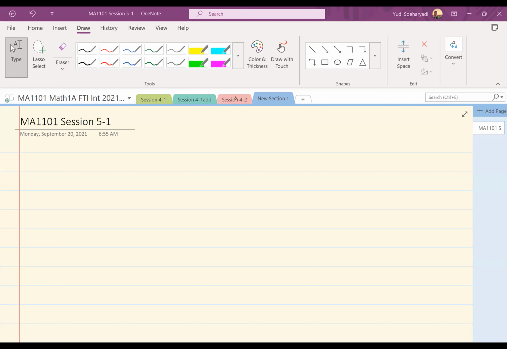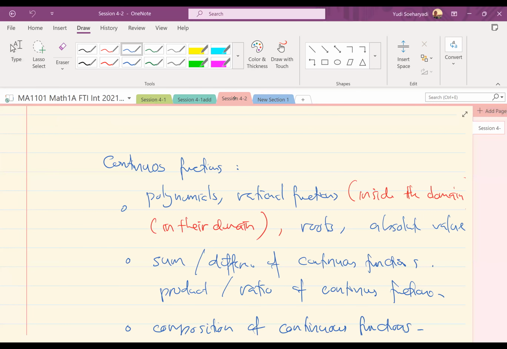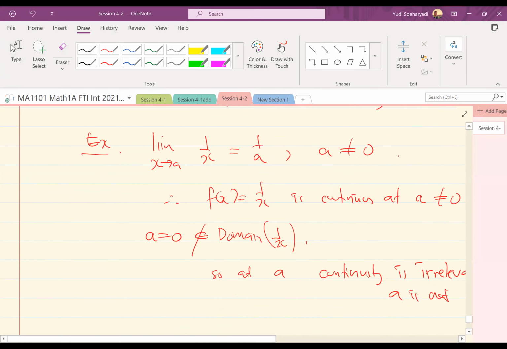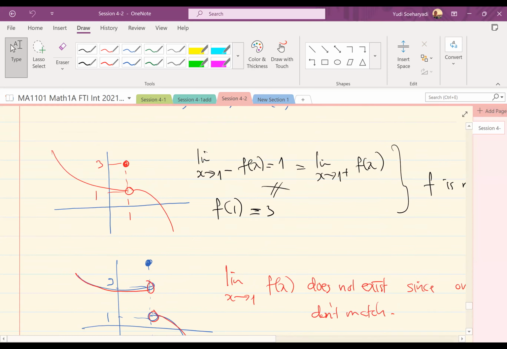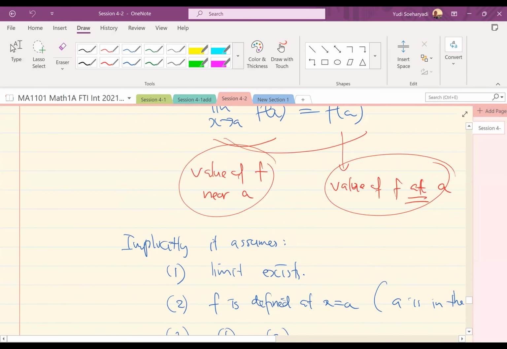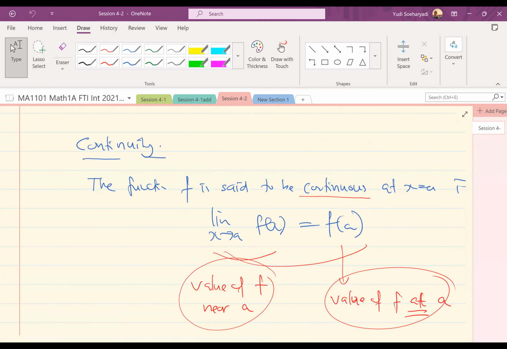All right, so last time we talked about what a continuous function is. What does it mean to be continuous?